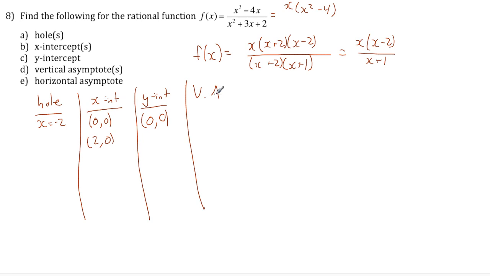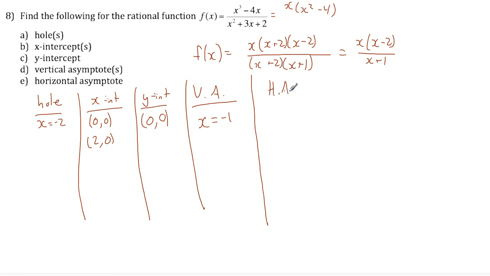The vertical asymptote, really simply, is what's left in the denominator that we did not cancel out. So here, x plus 1 equals 0, so x equals negative 1. It's going to give us a lovely vertical asymptote there.